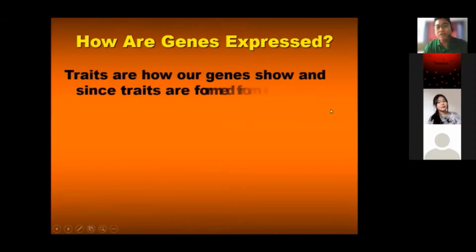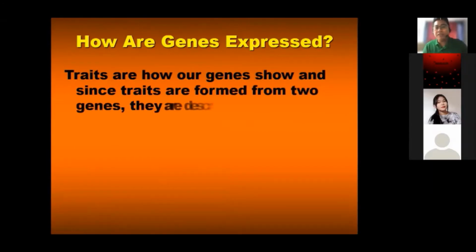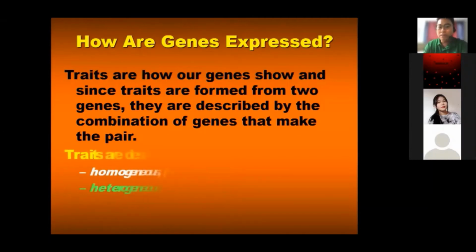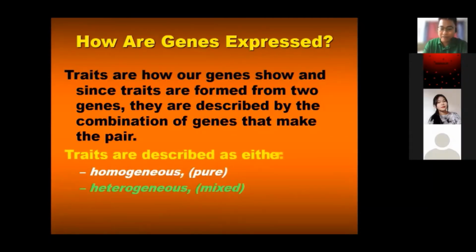Okay. So traits are how genes show, and since traits are formed from 2 genes, they are described by the combination of genes that make a pair, which is called the allele. So traits are described as either homogeneous or heterogeneous. Example for homogeneous, parehong dominant.